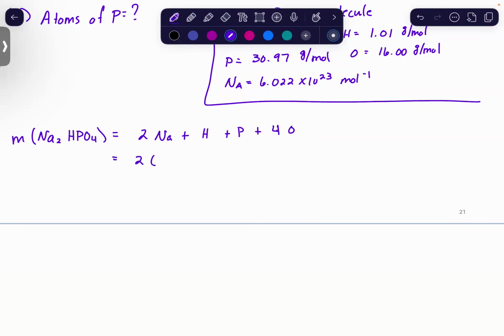That's going to be 2 times 22.99 plus hydrogen is 1.01 plus phosphorus at 30.97 plus 4, and your oxygens are 16.0. It's going to give you 141.96 grams per mole.